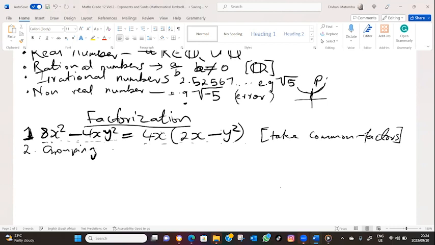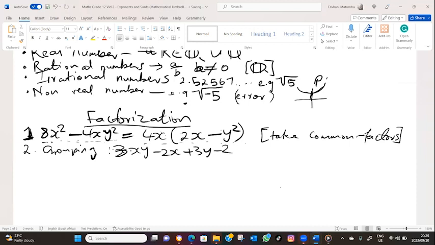The second method of factorization is by grouping. So let's say, for instance, if I have an expression 3xy minus 2x plus 3y minus 2.